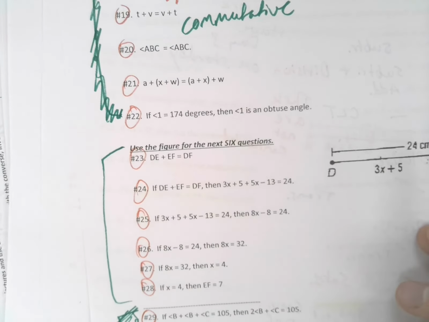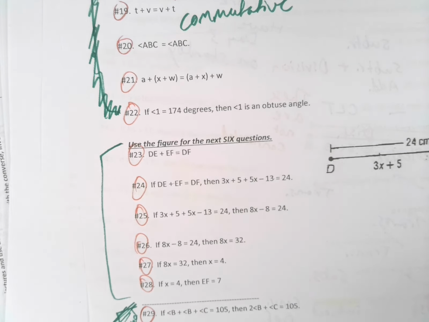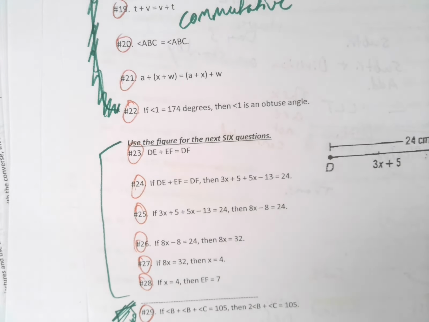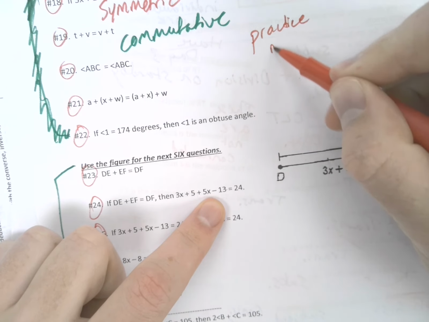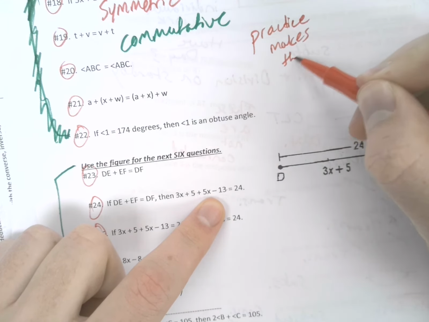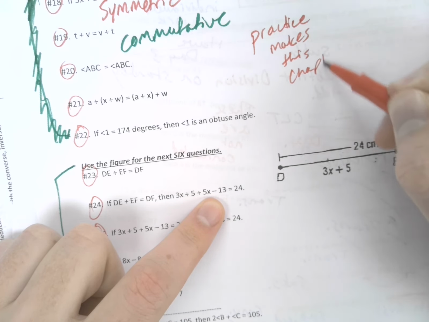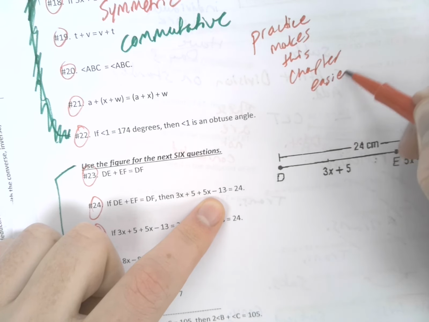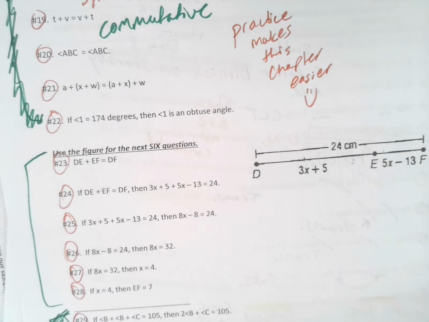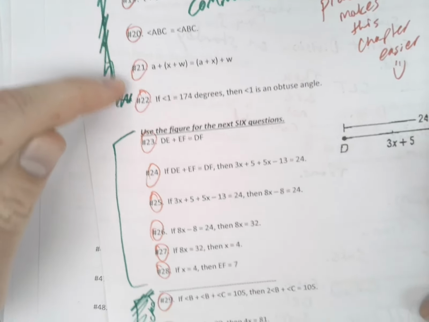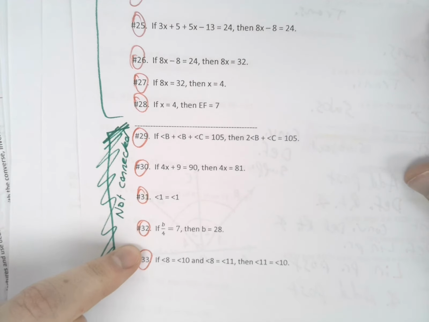If you can practice these and get good with identifying them, this chapter is going to be a whole heck of a lot easier. I promise. Practice makes this chapter easier. And you guys are so smart. You really are. So let's take some time and work on 20 through 33.